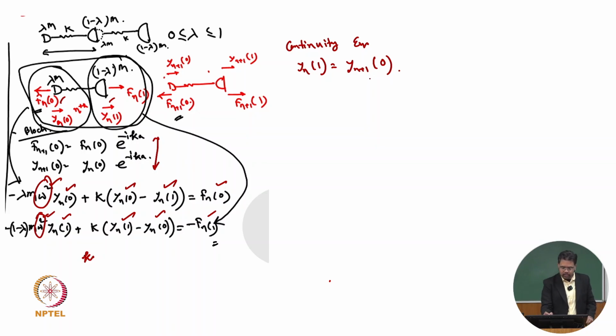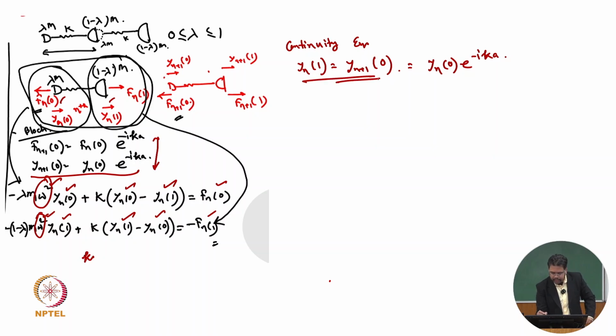Very nice. So if they are equal, now you see what this relation tells. If I just substitute it back here, I can get it. So the first one is from continuity and this one is from Bloch. Agreed? I can write it, no doubt.